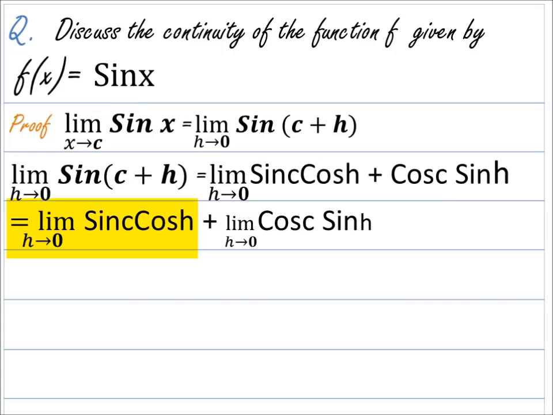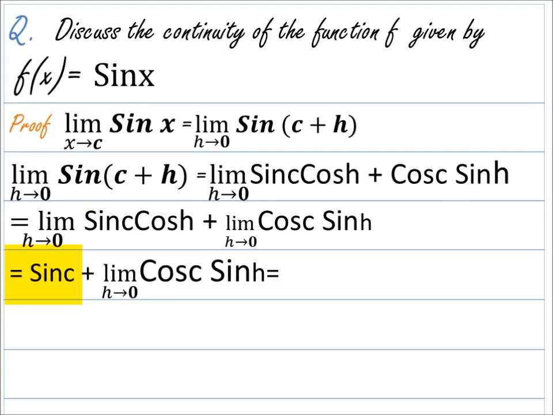So that means the limit as h approaches 0 of sin c cos h can also be written as sin c, plus the limit as h approaches 0 of cos c sin h, and sin 0 is equal to 0, which means the limit as h approaches 0 of sin h is equal to 0, and 0 multiplied by cos c is also equal to 0.